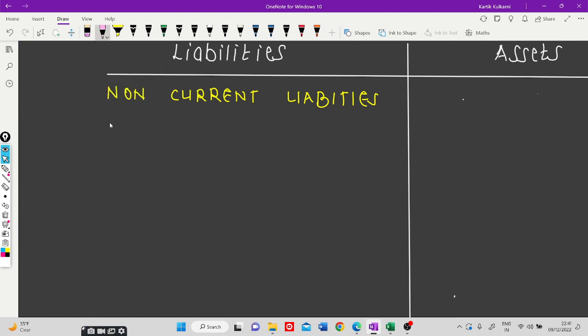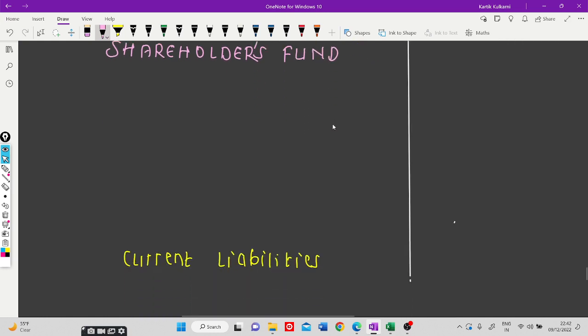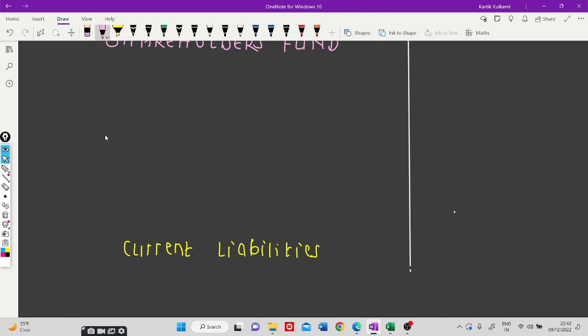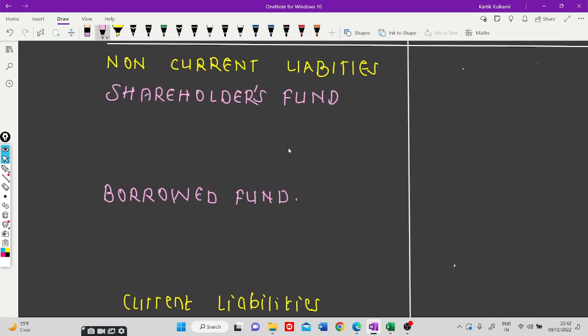One is the owner's fund or shareholders fund, and the other is the borrowed fund. So non-current liabilities are further divided into shareholders fund, which is also called owners fund, and borrowed fund.